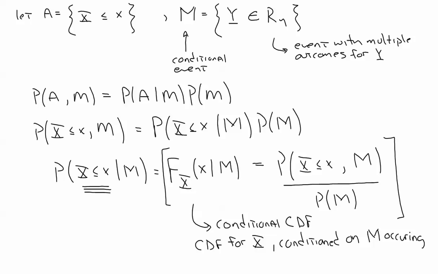What's the probability that random variable x is less than some specified level little x, given that we know that event M occurred? That's what that means. That's the conditional CDF.